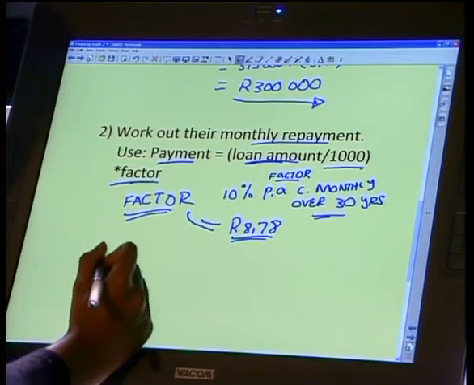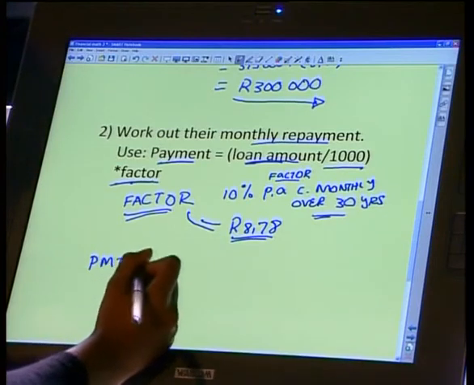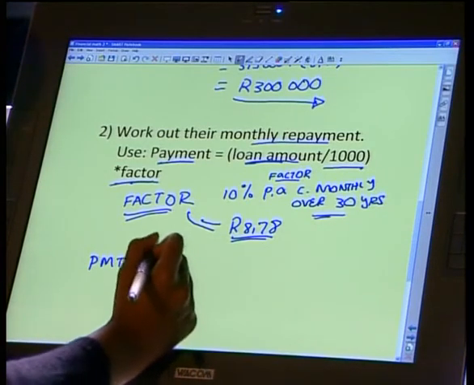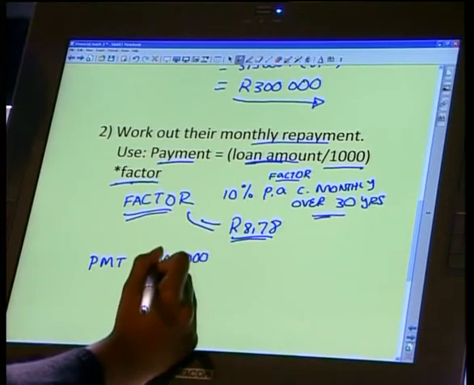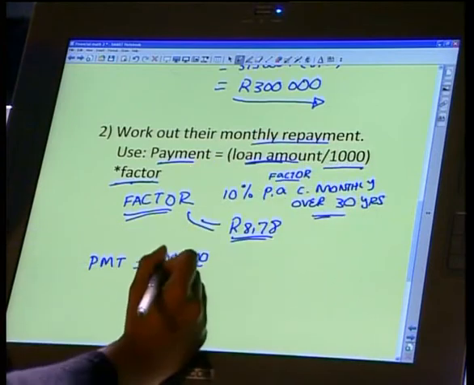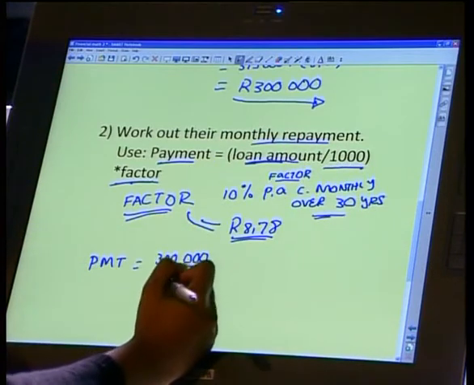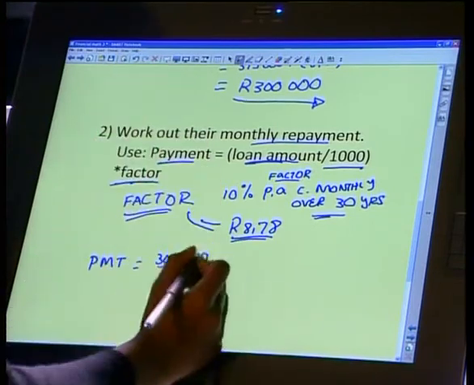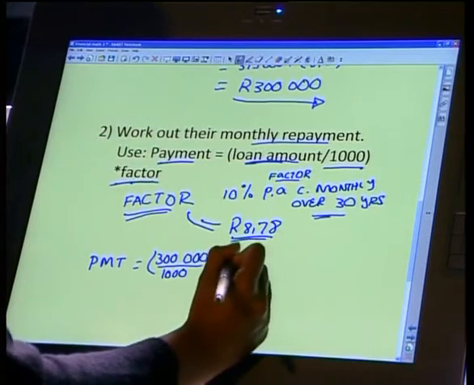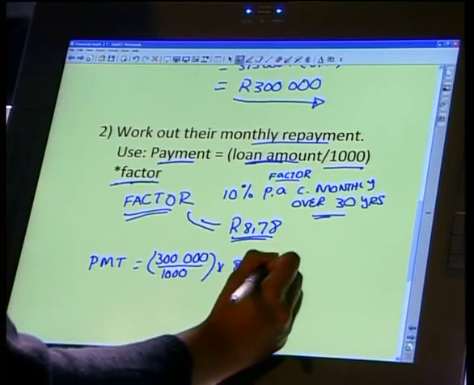So their monthly payment is going to be equal to the loan amount, which is 300,000, divided by 1,000, because remember they're going to pay 8.78 Rand per 1,000 Rand.